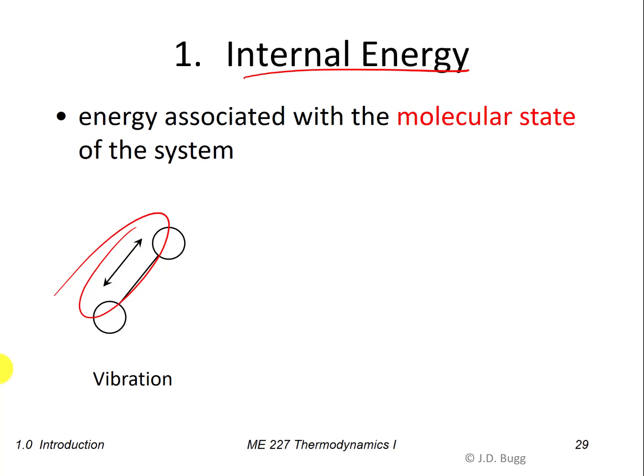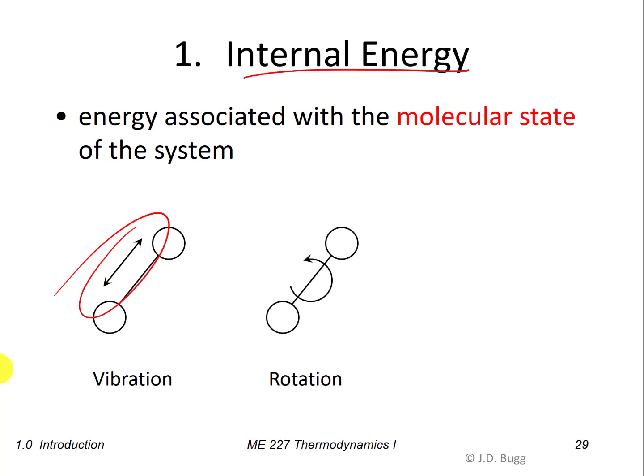The larger the amplitude of those vibrations, the more energy they're storing internally. So if we're adding heat or work to this substance, that's one of the things it can do with that heat or work, is just vibrate with a larger amplitude, store that energy internally in the substance by vibrating.